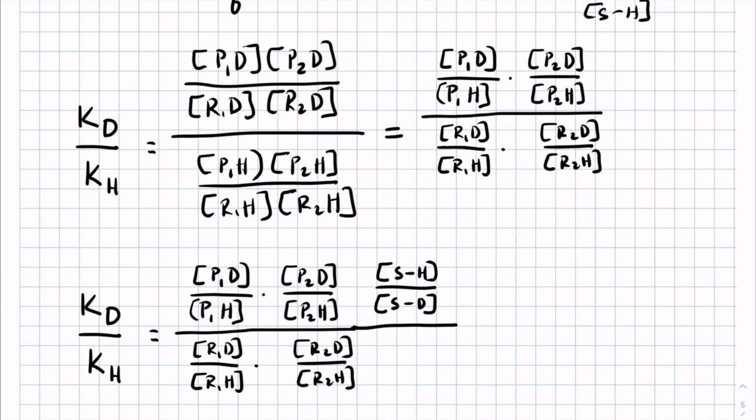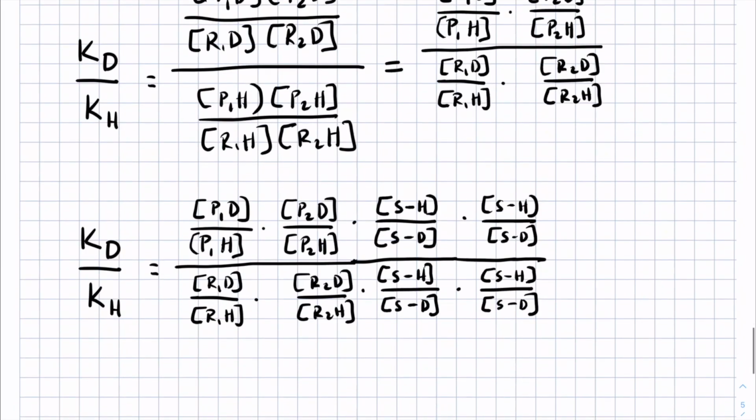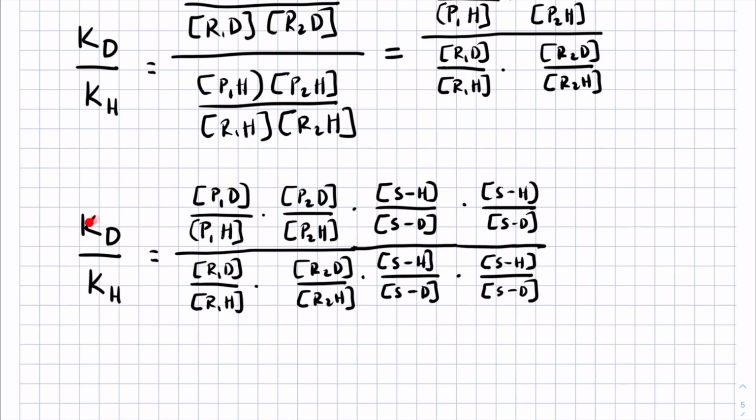To keep this expression true, though, what we do to the numerator, we have to do to the denominator. And then, for reasons that should become clear in just a moment, we're going to do that again. At first, this looks like pointless algebra, but it's designed to show you the connection between observed equilibrium constants and the preference of each site in this molecule for hydrogen versus deuterium.